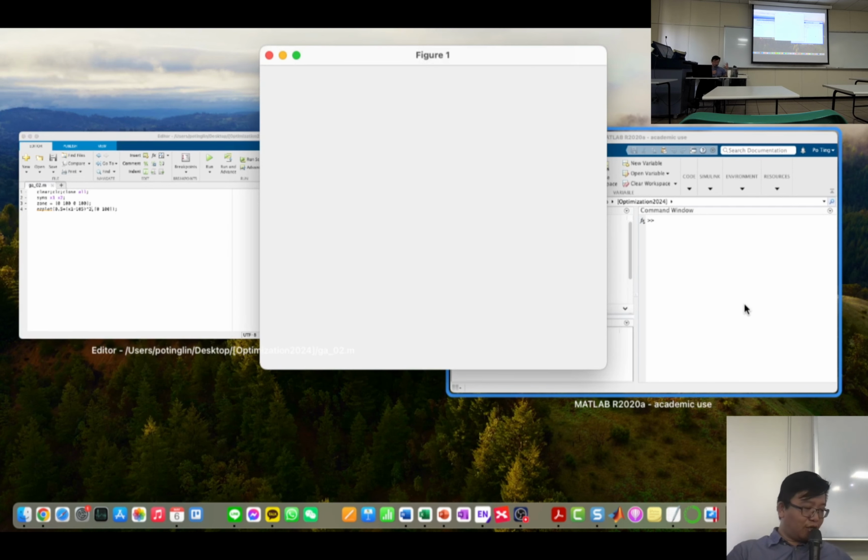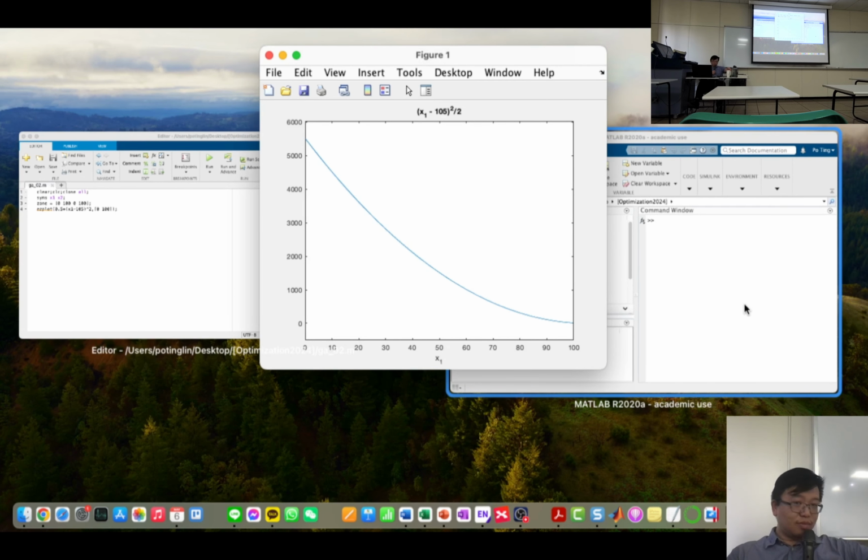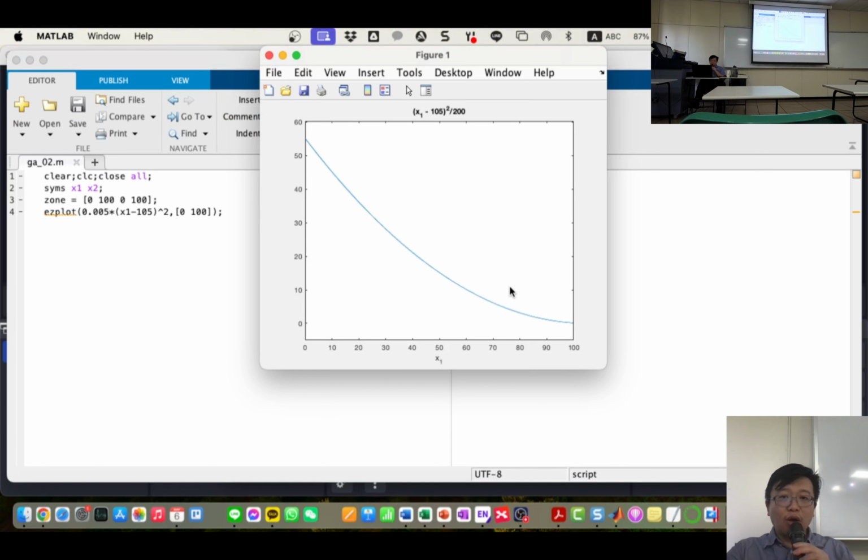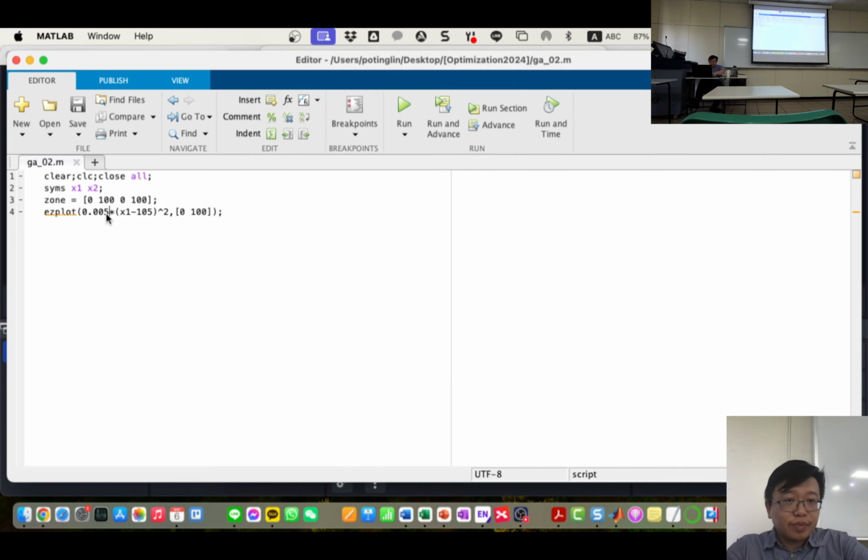I need to find a good function. Okay, so it has to be very small. Okay, so I think this one is okay. Maybe slightly larger.